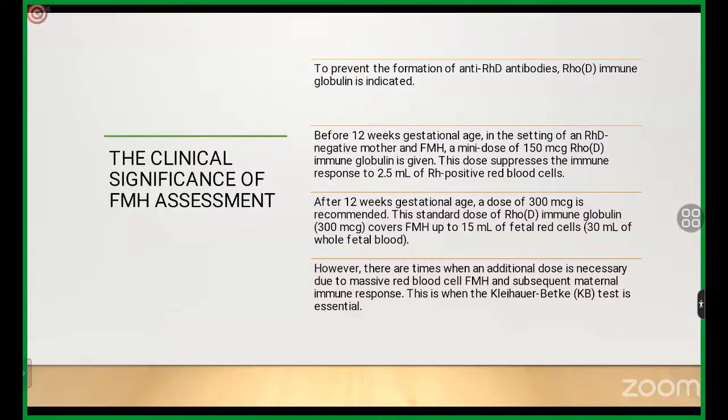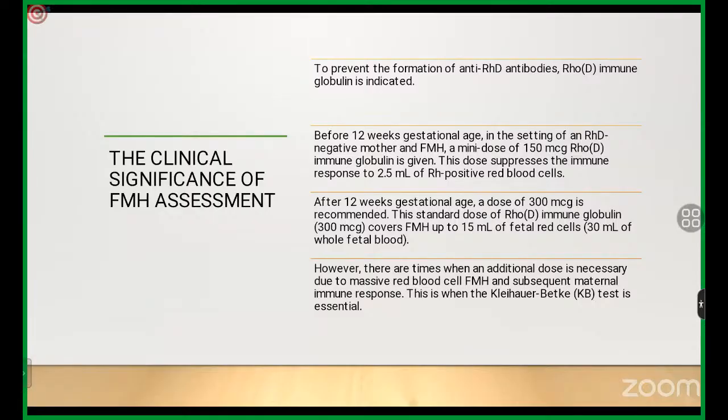This dose suppresses the immune response to 2.5 mLs of Rh positive red blood cells. So we should be aware of that, especially the clinicians who are involved in blood transfusion.